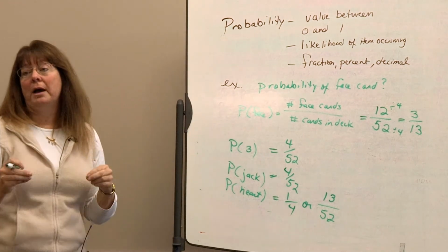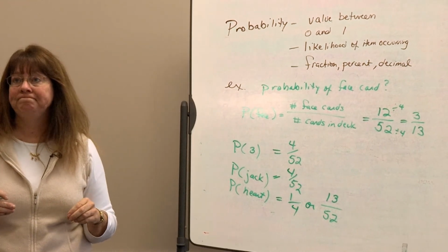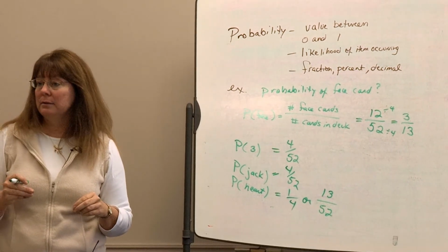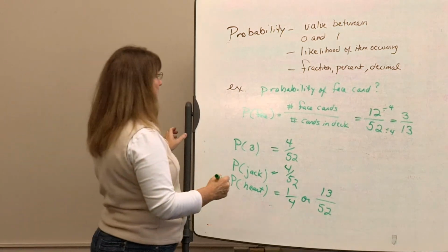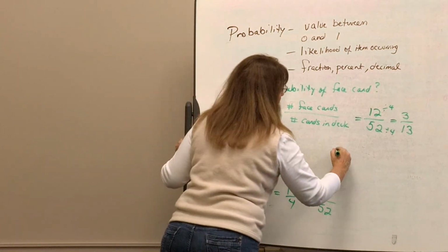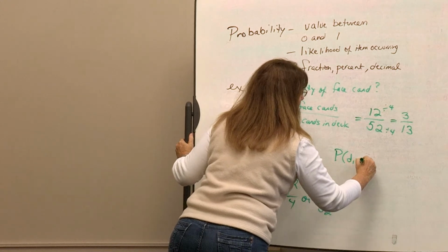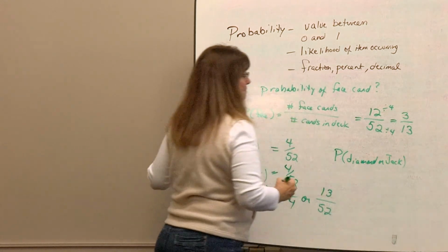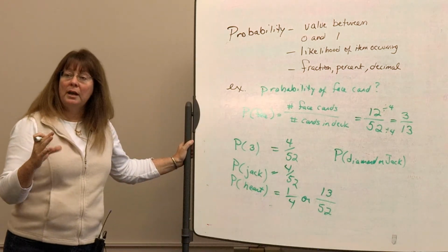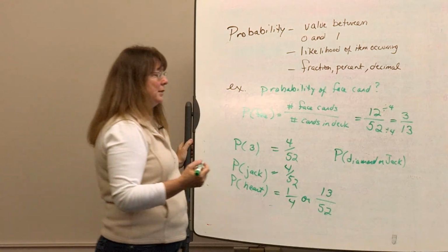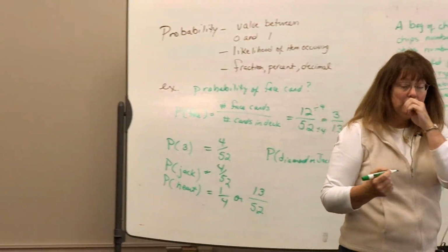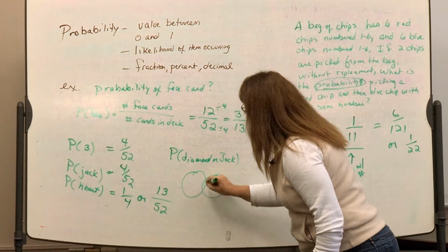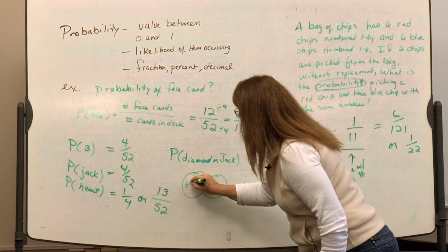Sometimes they'll ask you about the probability of getting a diamond or a jack, something like that. And here's where you can have overlap. When we talked about those pictures the other day, is it possible that you can have a group that represents the diamonds and a group that represents the jacks, and there's overlap?